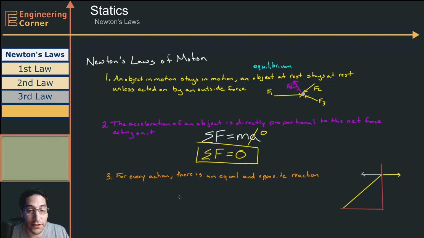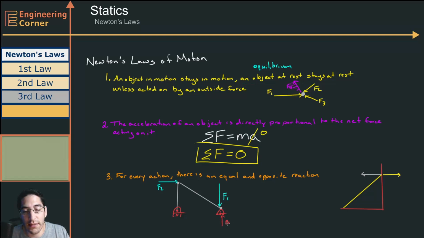We also will deal with this with structures. So if I have a structure, let's say a structure like this, real simple, and again, we have some forces on it. So let's say this is F1, let's say this is F2. We'll use Newton's third law and we'll want to figure out what our reaction forces are that we need right here.